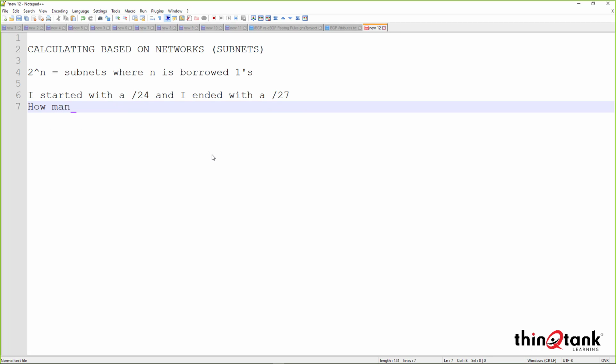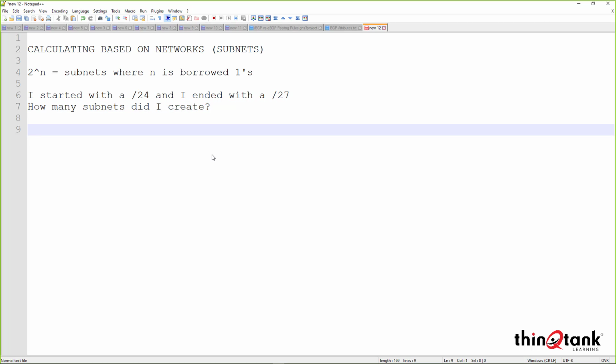How many subnets did I create in this particular case? Remember the formula, 2 to the power of n equals subnets. How many bits did I borrow? I started with a 24 and I went to a 27. How many bits did I borrow? 3, right? 2 to the power of 3 equals what?